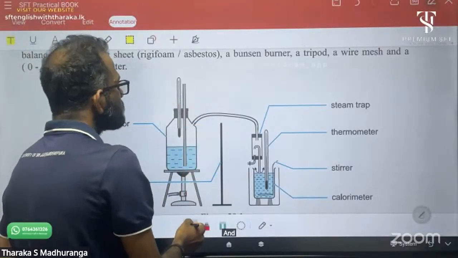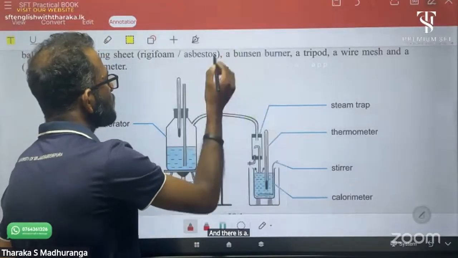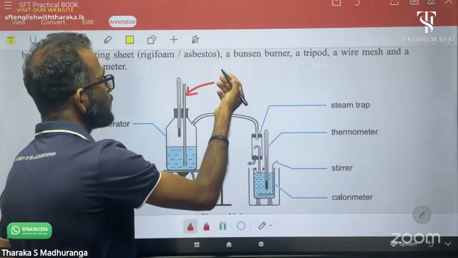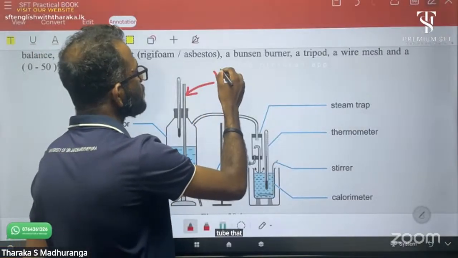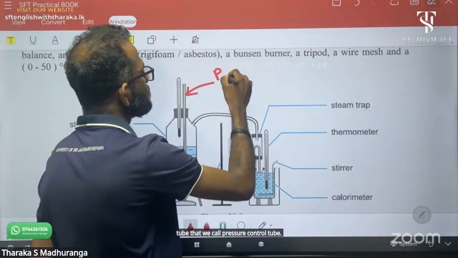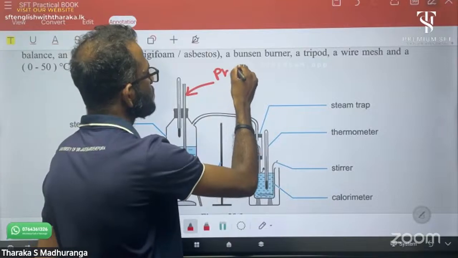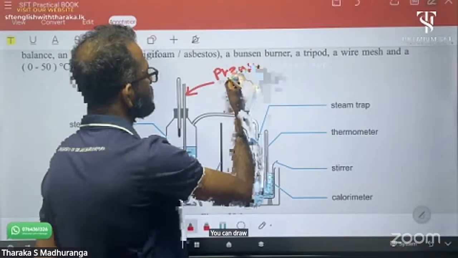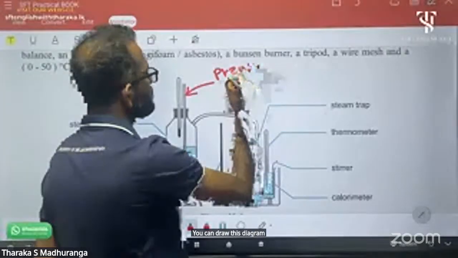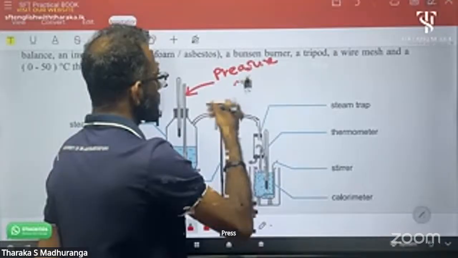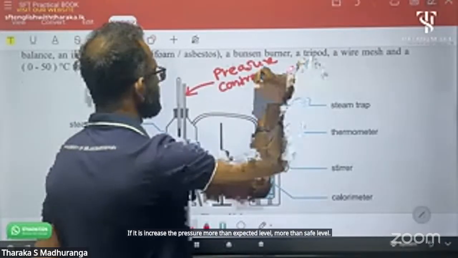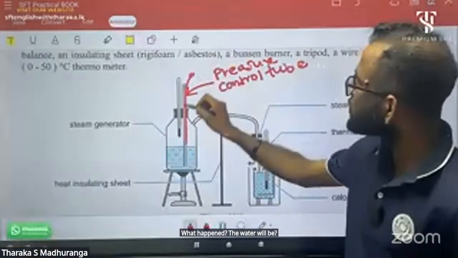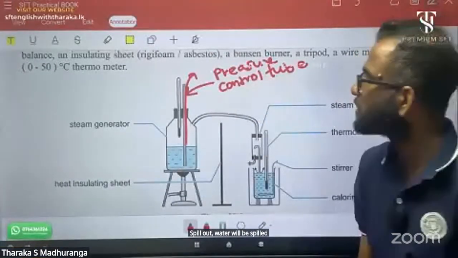And there is a tube here that we call the pressure control tube. You can draw this diagram, pressure control tube. If the pressure increases more than the safe level, what happens? The water will spill out due to the pressure difference.